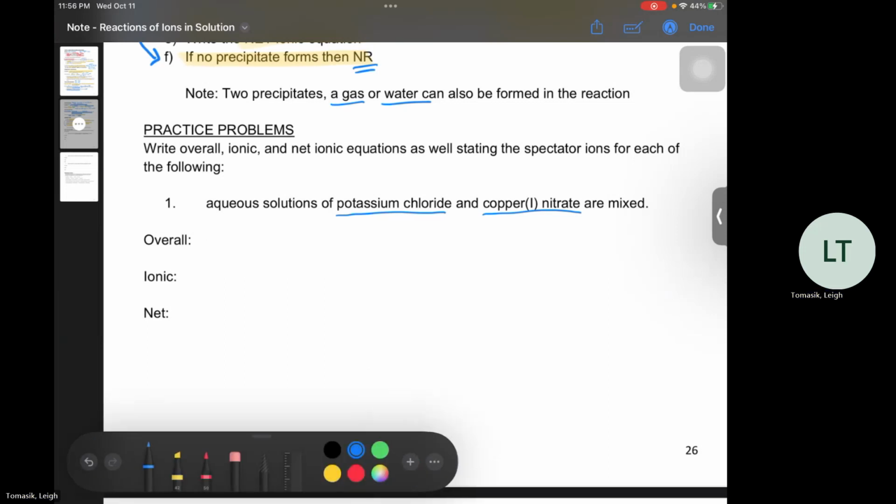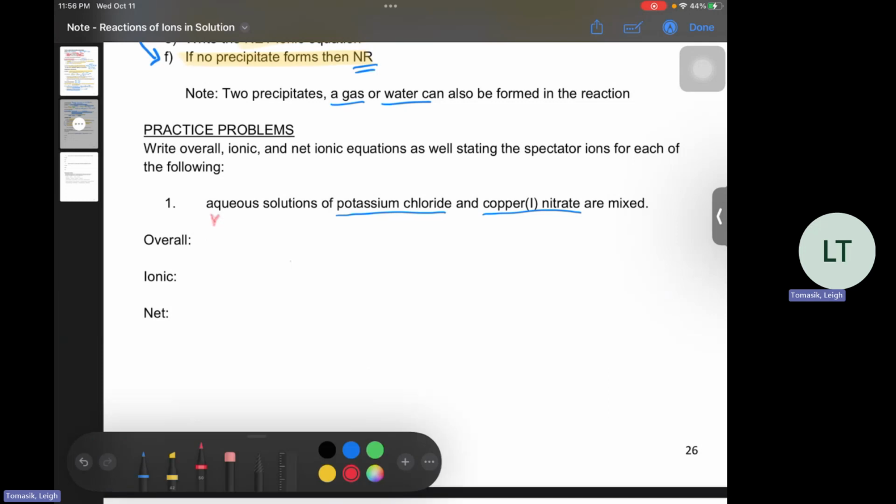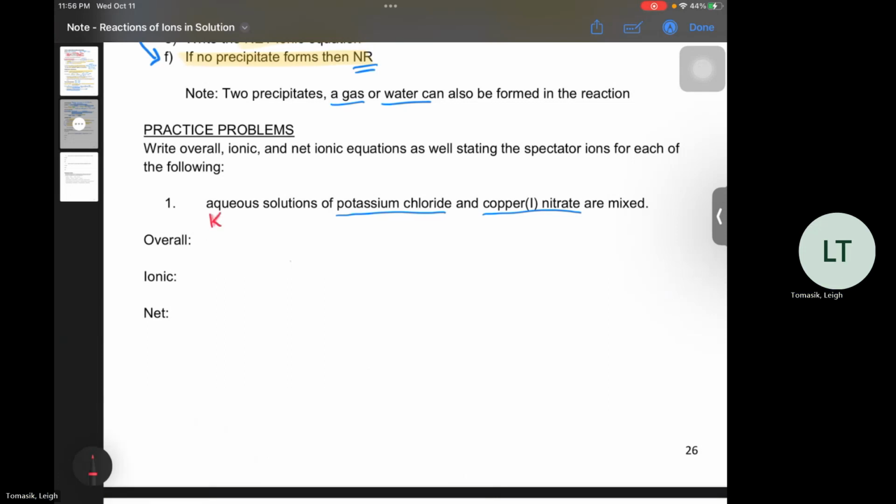We have potassium and chlorine, and we have copper 1 and nitrate.